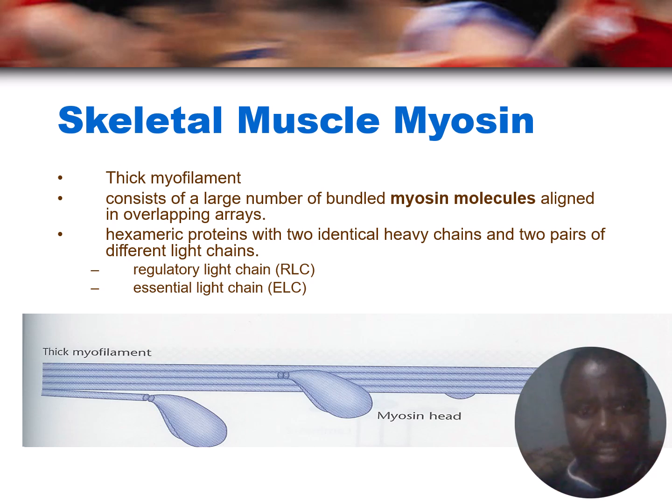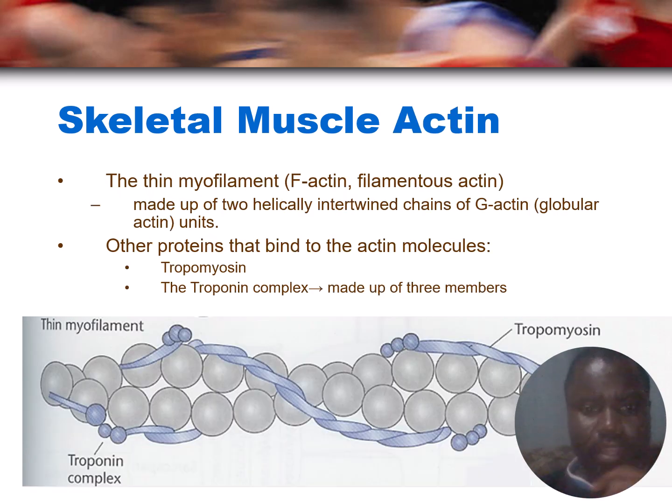So then we go to the actin. The actin is structured in such a way that, yes, it is called a thin filament because it is lighter. The myosin is made up of a 6 component structure, but this one, pay attention, has the G actin or globular units, the spherical protein connections we are seeing.